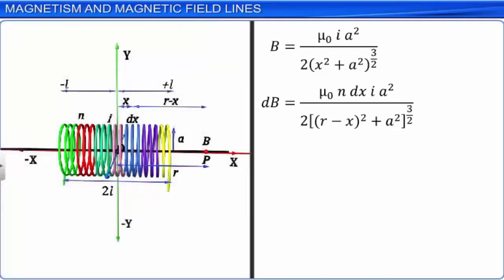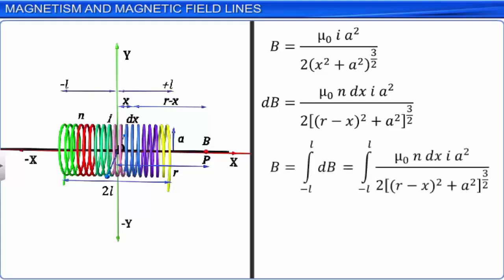Thus, the total magnetic induction at the point P due to the solenoid is B = integral from -L to L of dB, which is equal to integral from -L to L of μ0 n dx I a² by 2 into (r - x)² + a²) to the power 3 by 2.